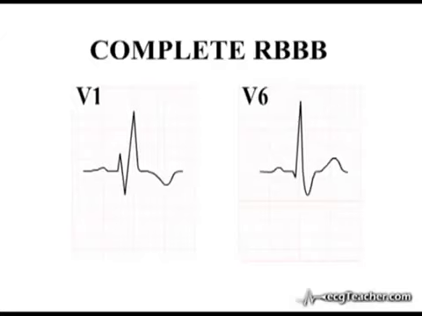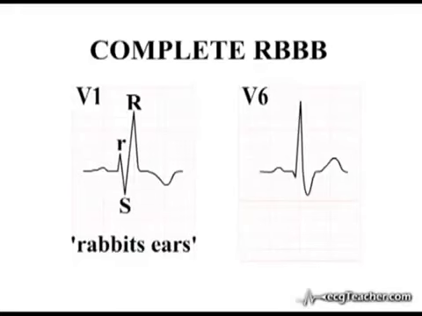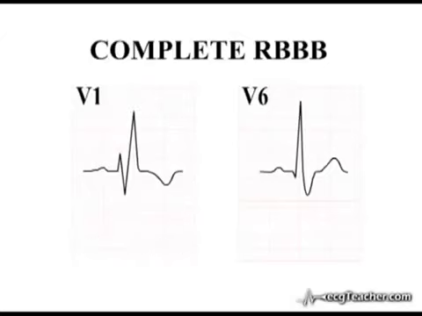However, it is important not to become over-reliant on the presence of the RSR pattern, or so-called rabbit's ears appearance, in V1 to make the diagnosis. In many cases of right bundle branch block, the RSR pattern in V1 is not identifiable. The QRS complex in this lead either demonstrates a small notch between the two R waves or has the appearance of one large R wave.